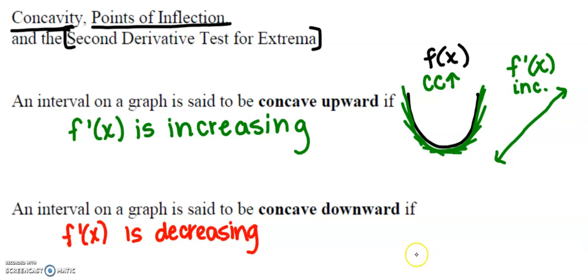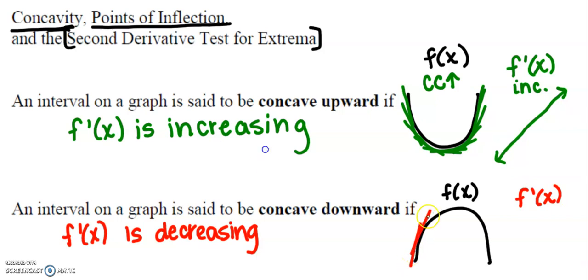So if I draw f of x, this is what concave down looks like, because f prime of x, if I start drawing in tangent lines, these are positive, positive, positive, not so positive, getting to 0, then they switch to negative, negative, negative, negative. So if I were to sketch a graph of f prime, I'd be in positive territory, cross through a 0, down into negative territory. f prime of x would be decreasing.